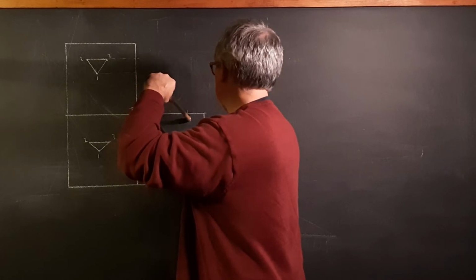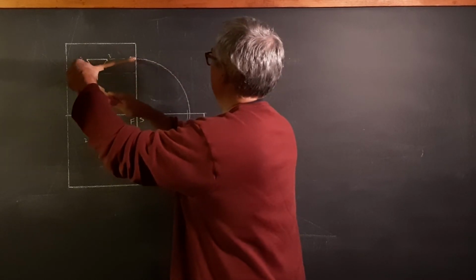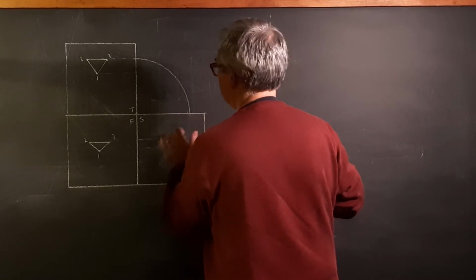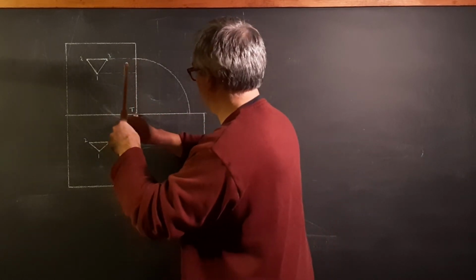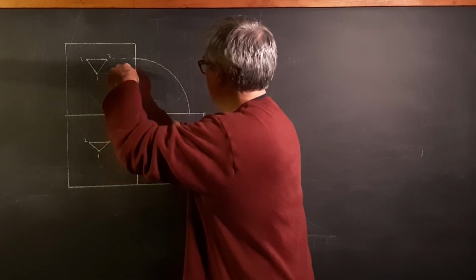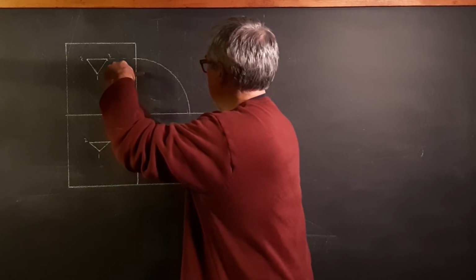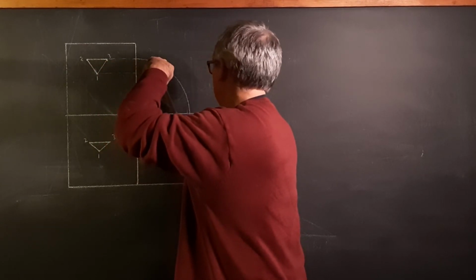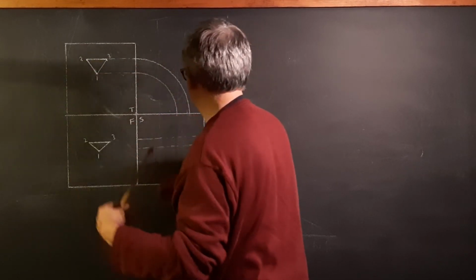Compass walk again. We make our swoop to 2 and 3. Comes all the way over there. And then we have to make our swoop from 1. Here's 1. The compass is walking around again. There's our swoop to 1.